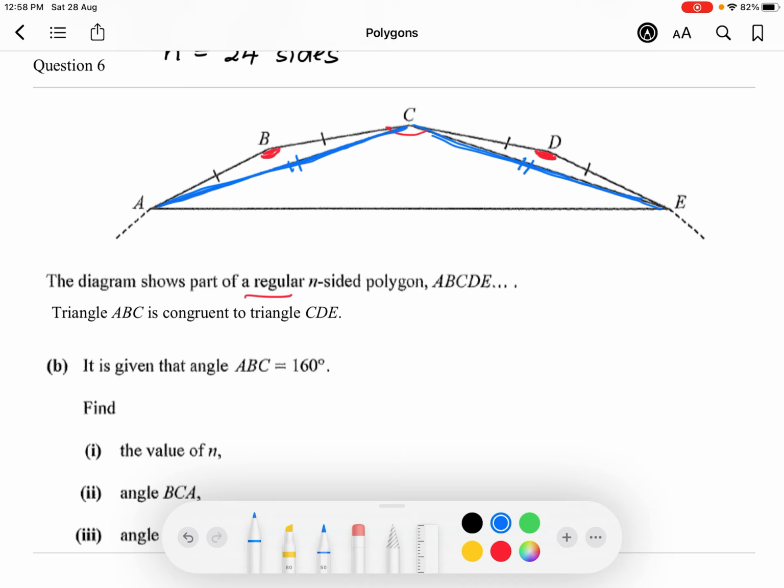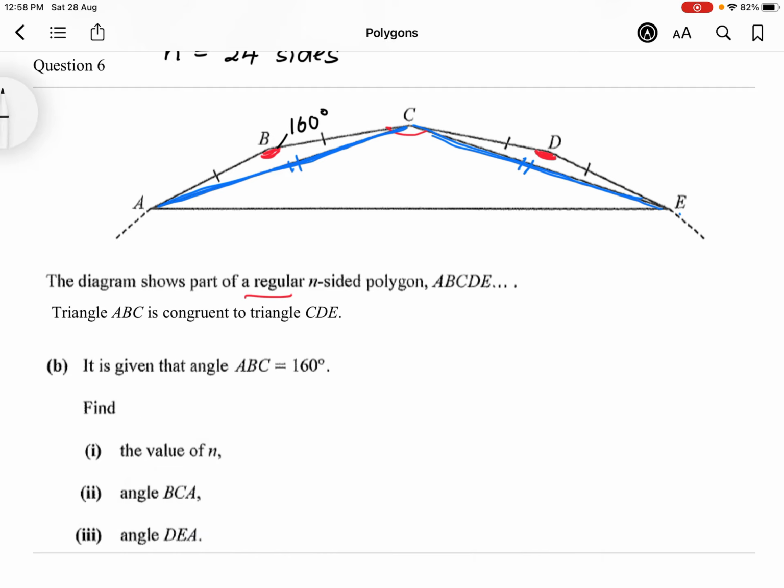So in this case, you can see that triangle ACE is an isosceles triangle. Now, given that the angle ABC is 160 degrees, first one, find the value for n. N is the number of sides.